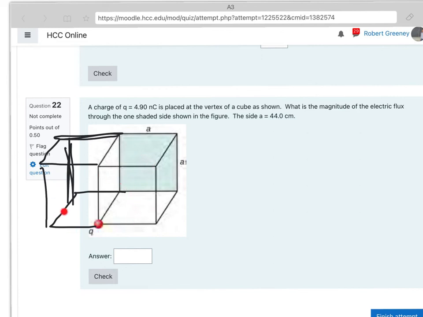And then I have 4 cubes, but I've still only covered the top half of the charge, right? So those 4 cubes, if you can visualize the 2 that are coming out this way, right? The other one coming out this way.